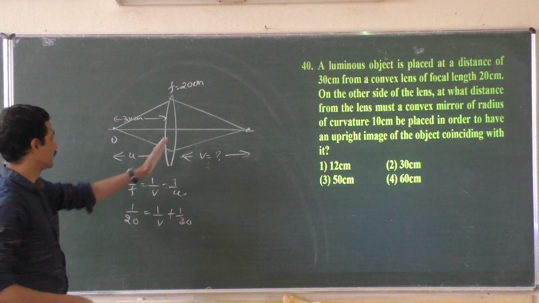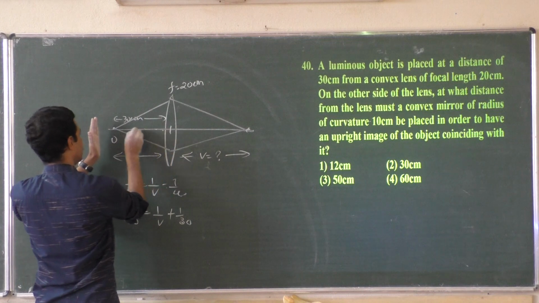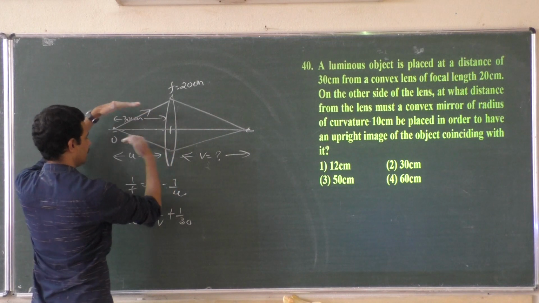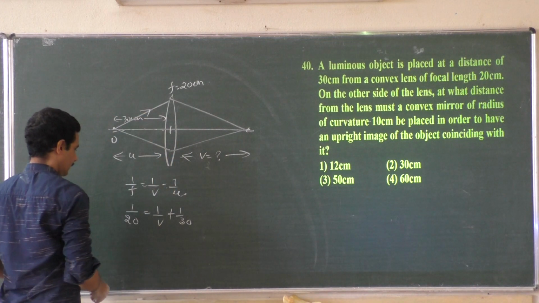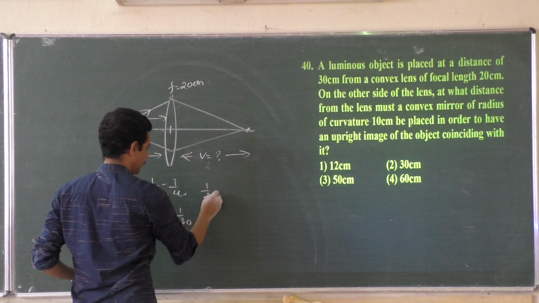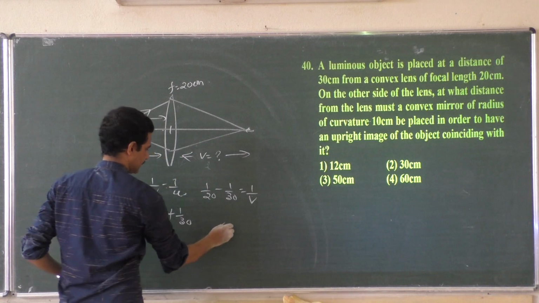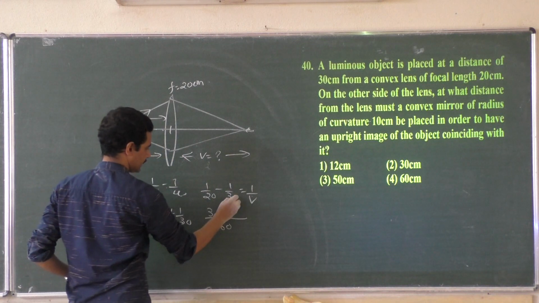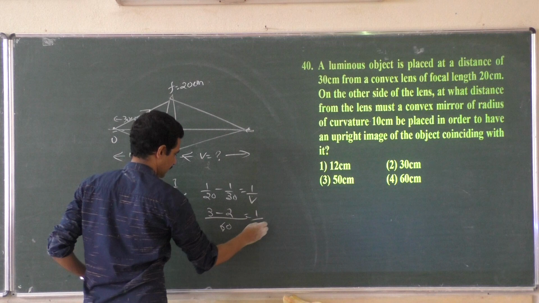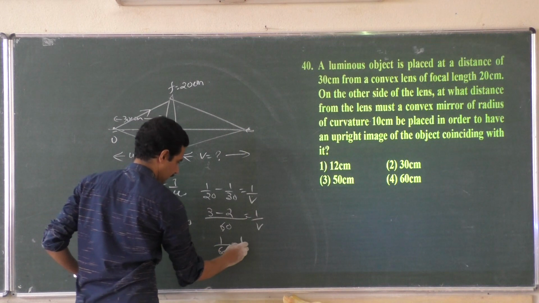You know that because it is on the left hand side from the optic center, when you measure like this, you are going opposite to the direction of rays. 1 by 20 minus 1 by 30 is 1 by v. 60 common, 3 minus 2, 1 by 60 is 1 by v.